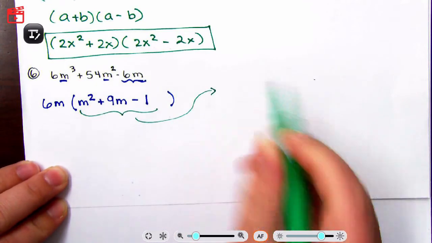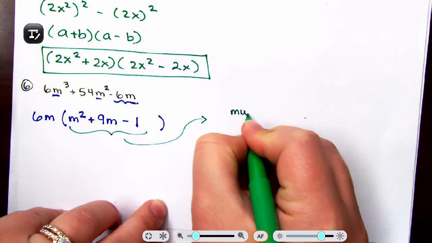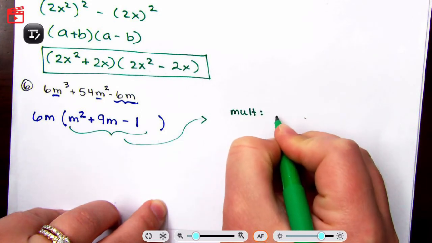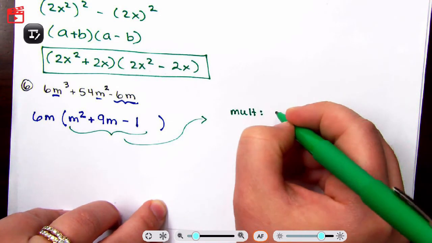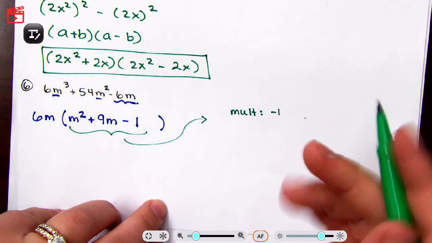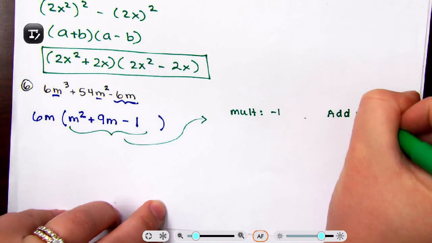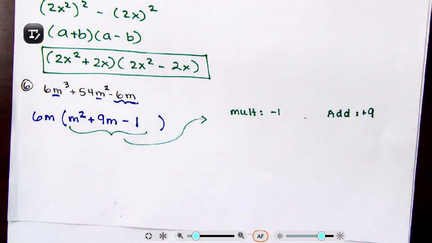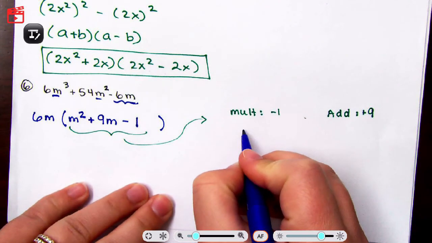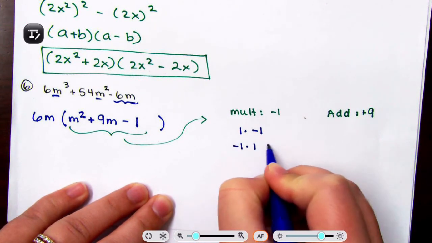All right, so let's go ahead and try to factor this one. Hopefully, it'll give us more luck than example 4. So we want to multiply to a negative 1, but I want to add to a positive 9. How's that going to happen? Let's check. The only two things I can do for negative 1 are 1 times negative 1, and negative 1 times 1.